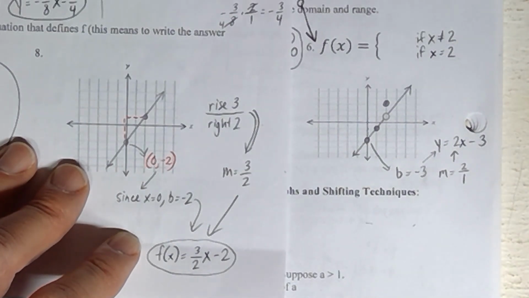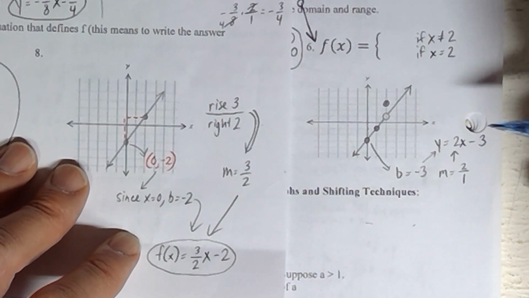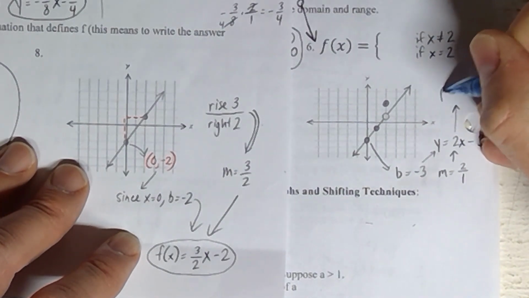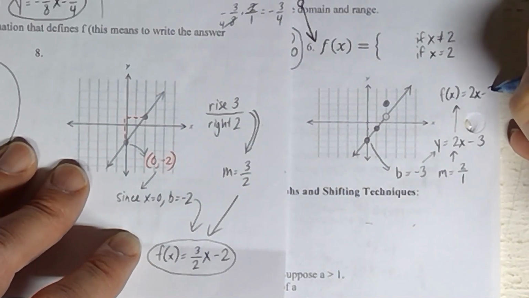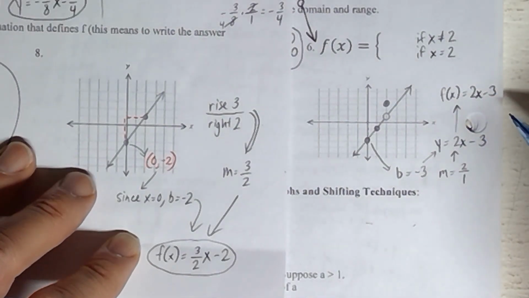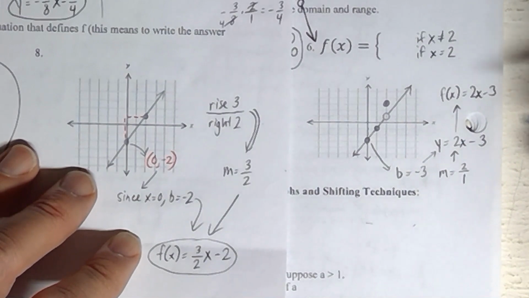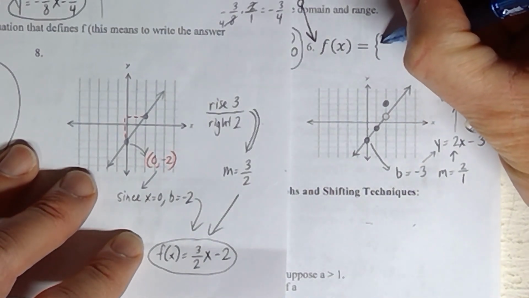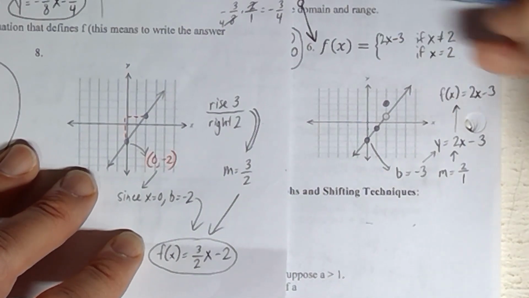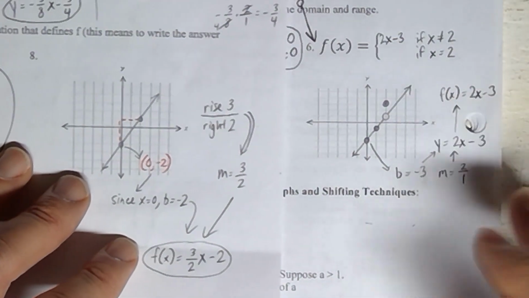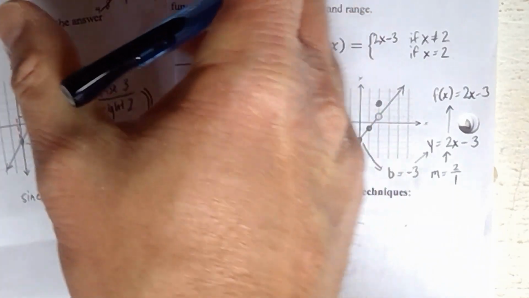And so that means that f of x is equal to, you don't have to write down this extra step here, we already know that y and f of x are the same, but that means that f of x is equal to 2x minus 3. All right, and so we take the 2x minus 3 and we put it right there.